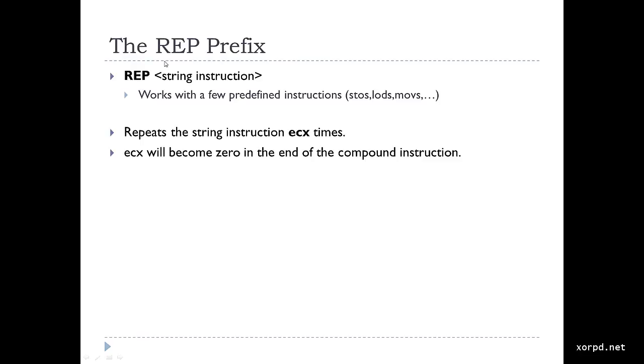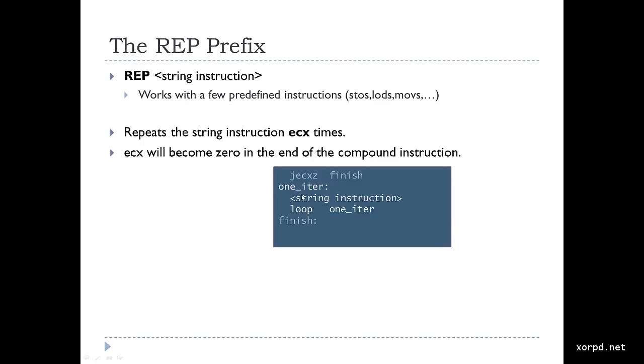At the end of the execution, ECX will become 0. You can think about it just like we were decreasing ECX in some kind of a loop. This is actually what rep does. It just decreases ECX until it is 0, and then it knows that it should finish. If at this point you can read assembly better than English, then this might be helpful for you.